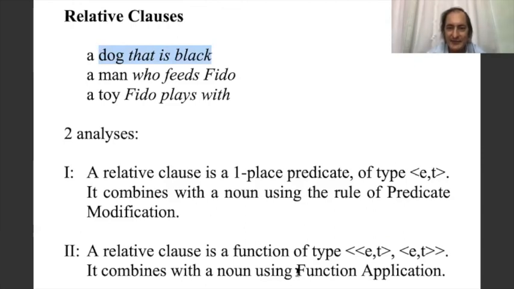And it'll do that using function application. So this is not really going to be anything new. It's going to be the same thing that we had before, extended now to apply to relative clauses.